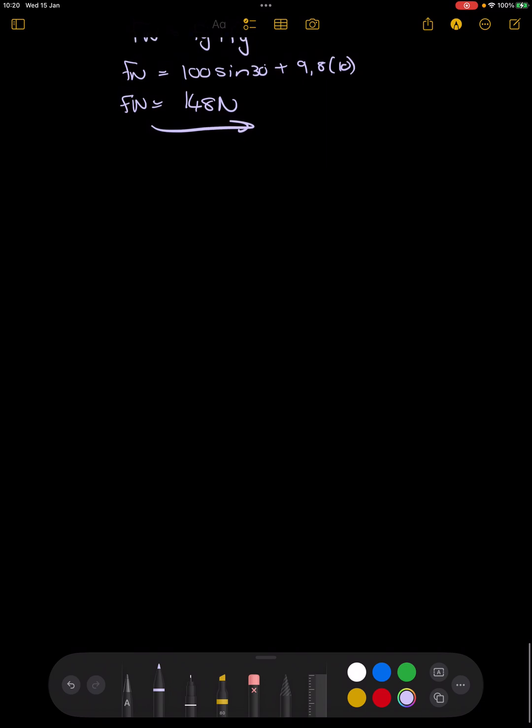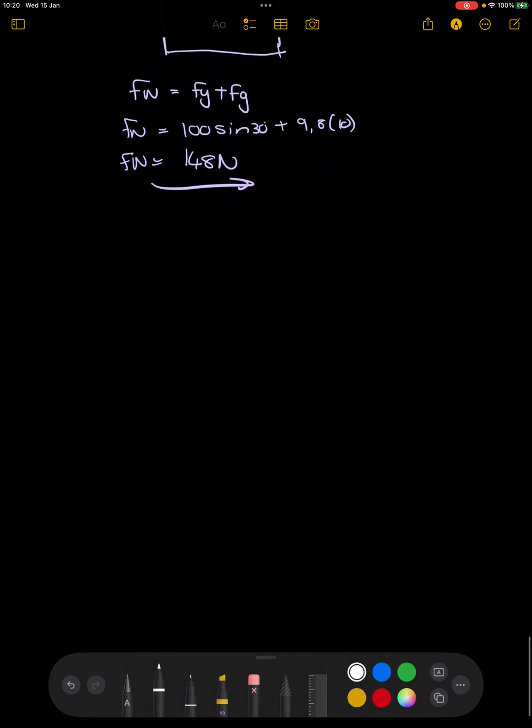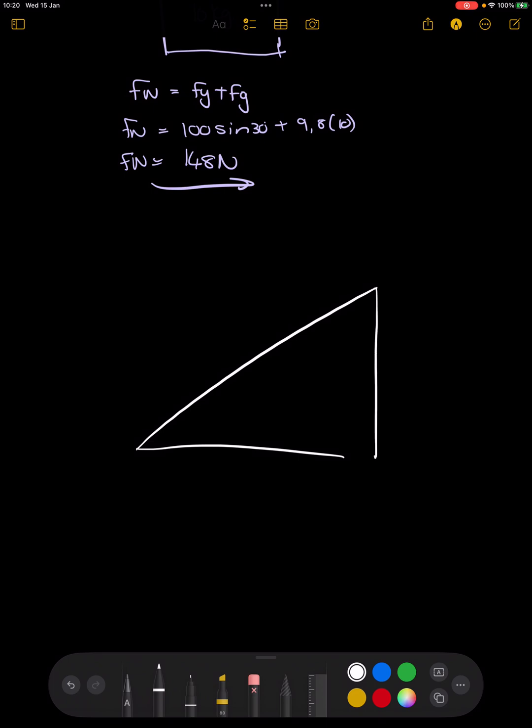Right. Let's have a look at when it's on an inclined plane. If you have to calculate the normal force for this one, the first thing we do is draw in our triangle.